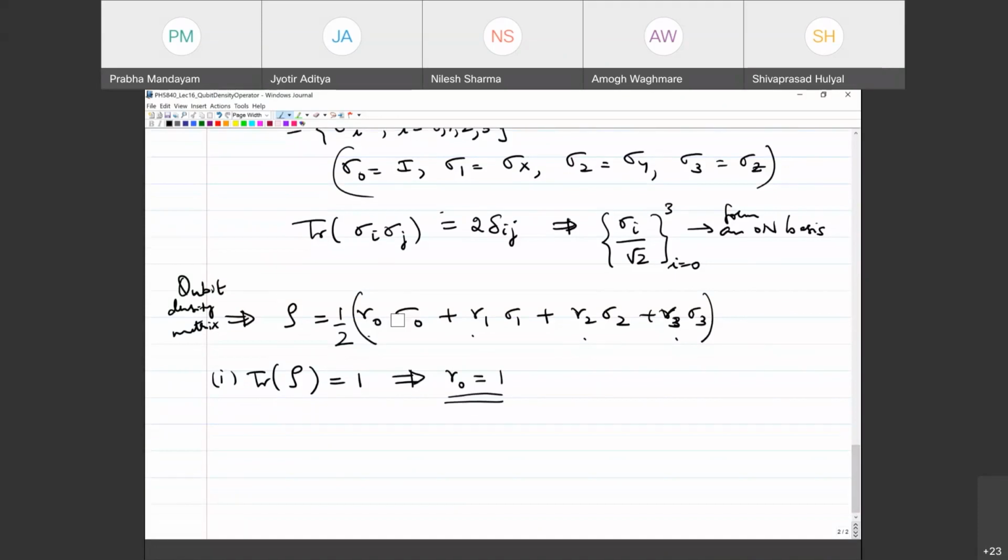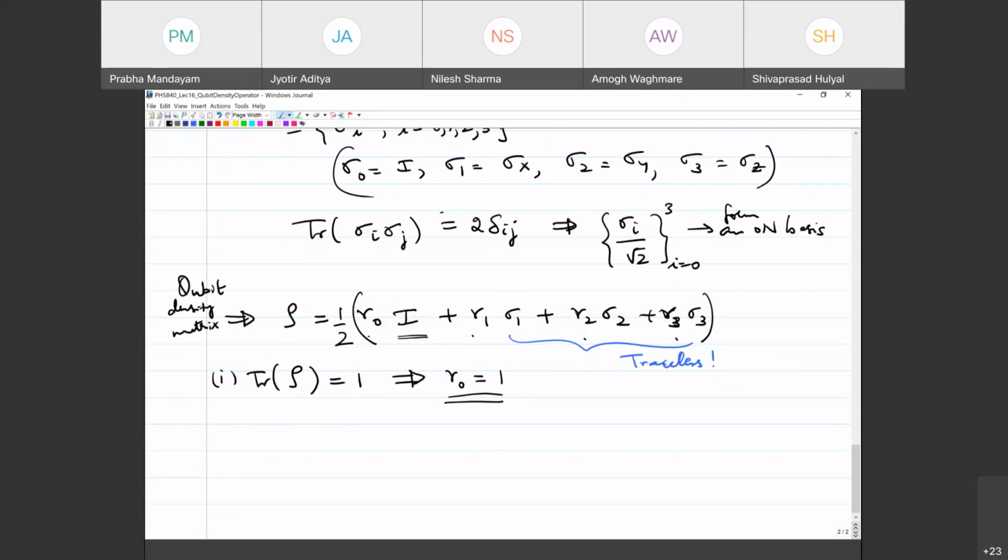So maybe I can just write this as identity itself. Okay. And this is the only trace giving part of this, right? The rest are traceless. Pauli matrices all have trace 0, right? So then this tells me that R0 must be 1.